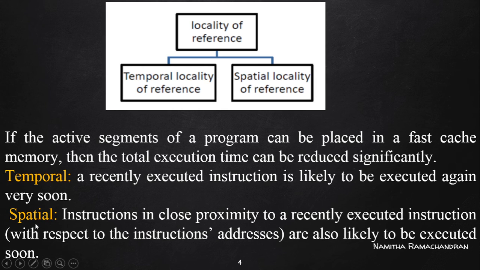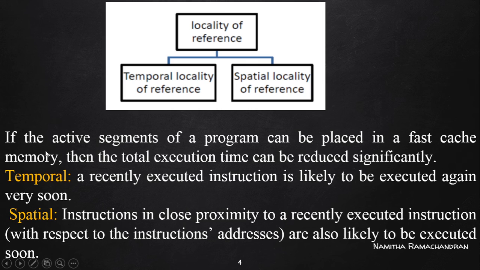Then about the spatial reference. The chance to execute an instruction which is sequentially next to the currently executing instruction is very high. In the majority of the time, the processor supports sequential instruction execution, so the chance to execute the next sequential instruction is very high.